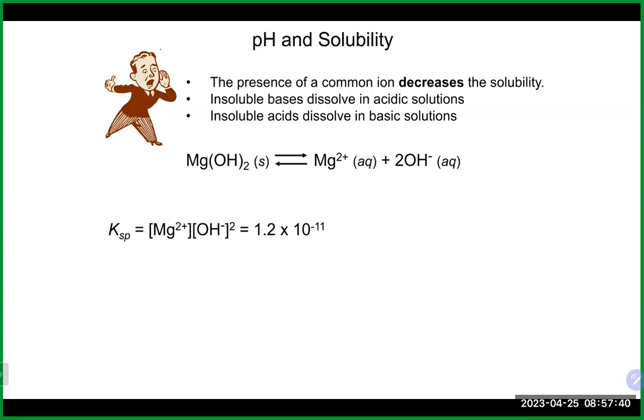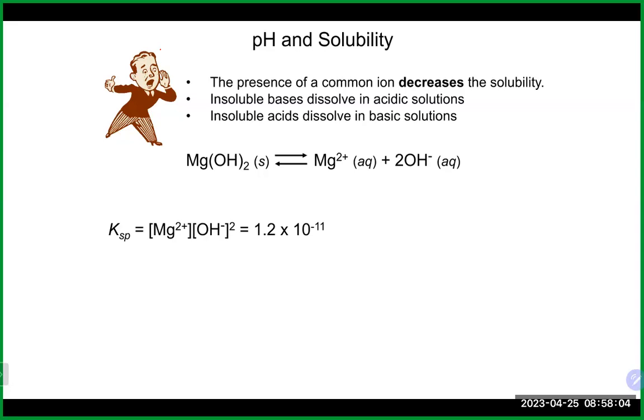And the presence of a common ion, as we just saw, will decrease the solubility. If you have an insoluble base, it typically will dissolve in acidic solutions. And if you have an insoluble acid, it typically would dissolve in basic solutions. So we're going to talk about why that is here.